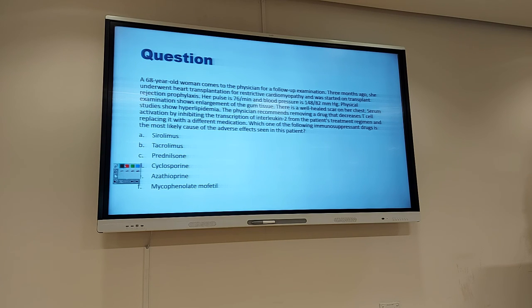Gum tissues, interleukin-2, hyperlipidemia. So why not tacrolimus? Because it doesn't cause gum hypertrophy or hyperlipidemia compared to cyclosporin. They both affect T-cells, just the side effects are different. Yeah. So the only thing that tacrolimus doesn't do is cause gum hyperplasia.